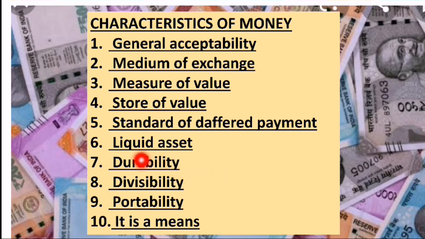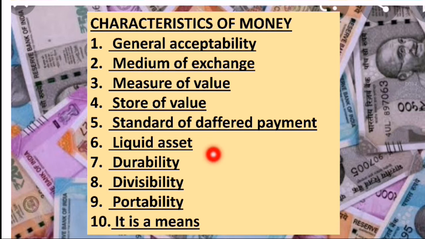So there is no direct use, hence it is durable. It can be used again and again for years and years. Then there is divisibility. You have change. For example, in order to get change of 500 rupees, you have further denominations like 200 rupee note, 100 rupee note, 50 rupee note, 20 rupee note, 10 rupee note, 5 rupee coin and note as well.